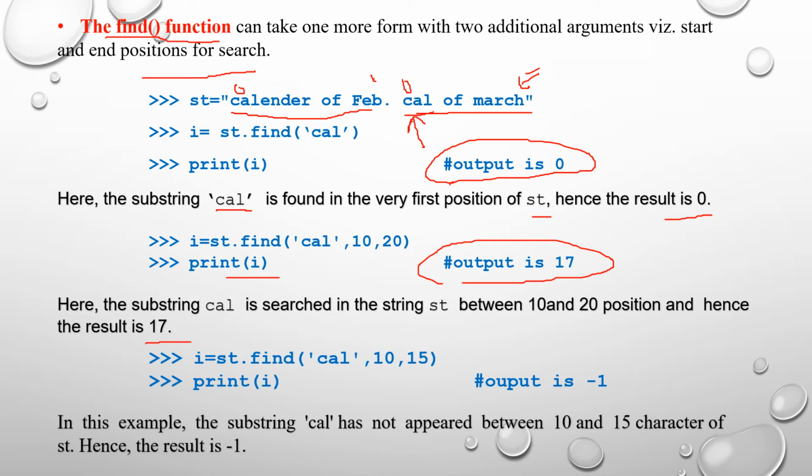Let's consider one more example. i is equal to st.find of cal, comma 10, comma 50. If you print this, the output will be -1, because in this example the substring cal has not appeared between the given positions of the string, hence the result is -1.